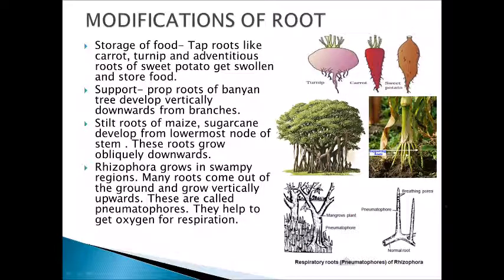As the soil is waterlogged, the roots do not get air to breathe, and hence the plant has modified roots in that the roots come above the soil surface. You can see this here. Vertically upward, the roots come above the soil surface.